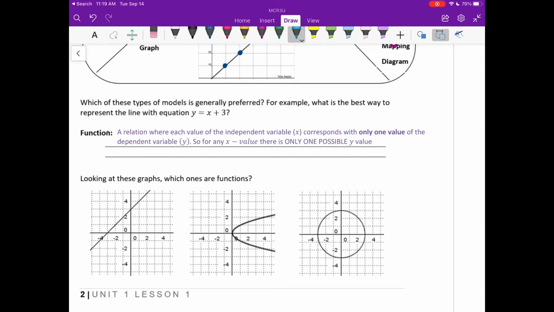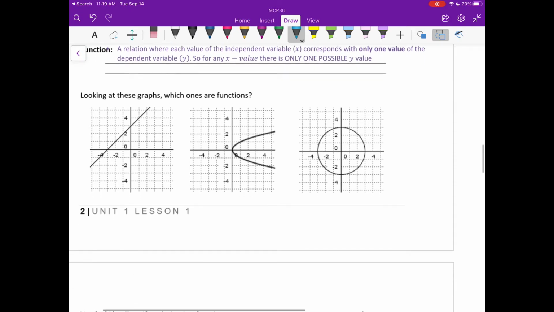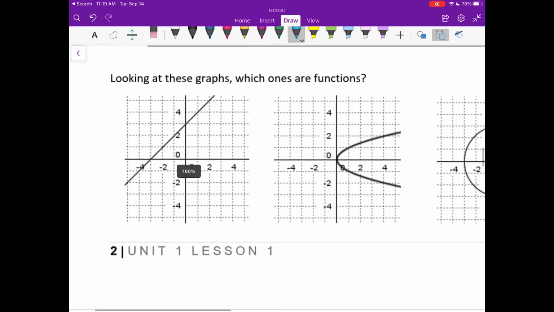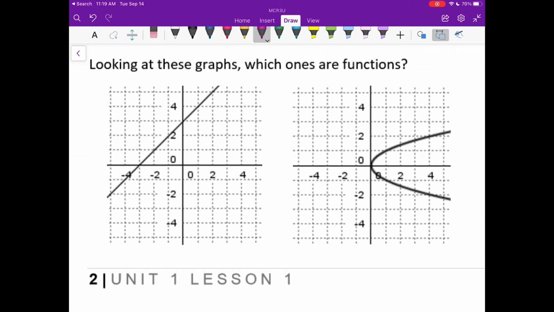So for any x value, there's only one possible y value. And this becomes really important because something can be a relation and not a function, but nothing can be a function and not a relation. So a function will always be a relation, but something can be a relation and not a function.